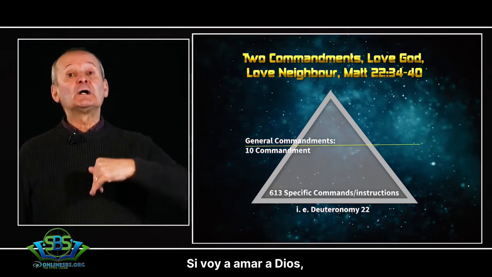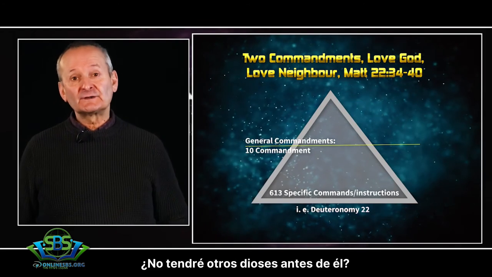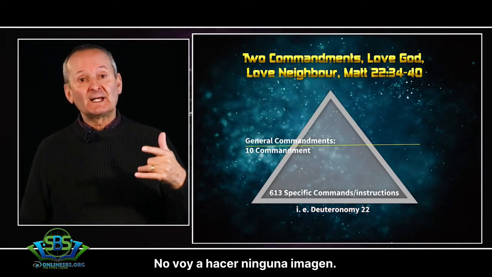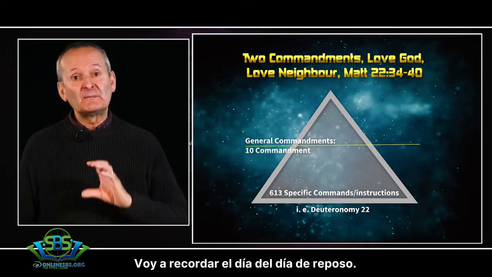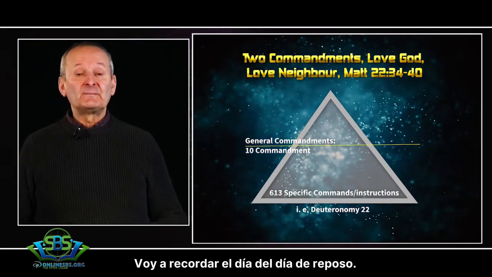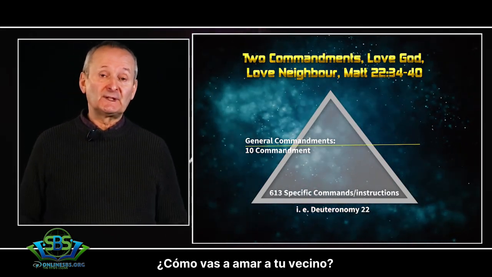If I'm going to love God, how am I going to love God? Well, I'm going to have no other gods before Him. I'm not going to make any graven image. I'm not going to take His name in vain. I'm going to remember the Sabbath day. But then the ones about loving your neighbour. How are you going to love your neighbour?